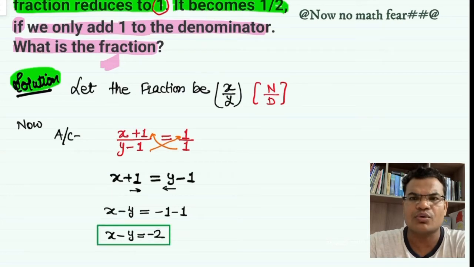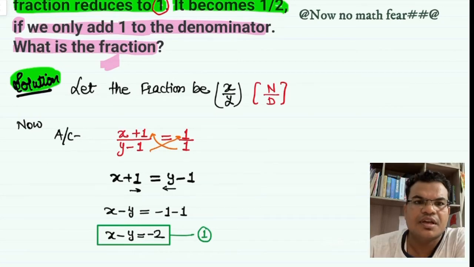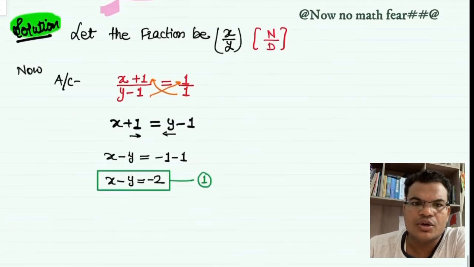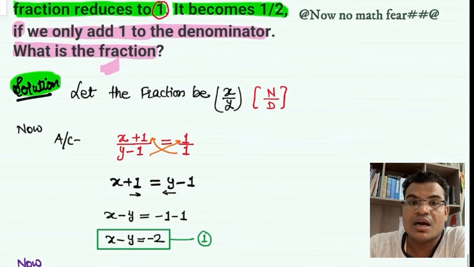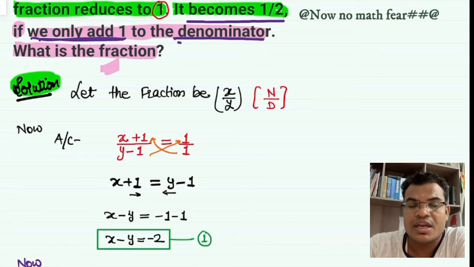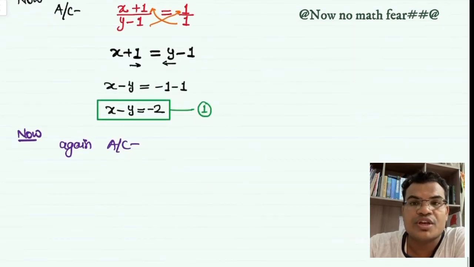Now we are going to take the second condition: we add 1 to the denominator only, with no change in the numerator. So x will be as it is and y will become y plus 1 in the denominator. The fraction becomes 1 by 2 after adding 1 in the denominator.